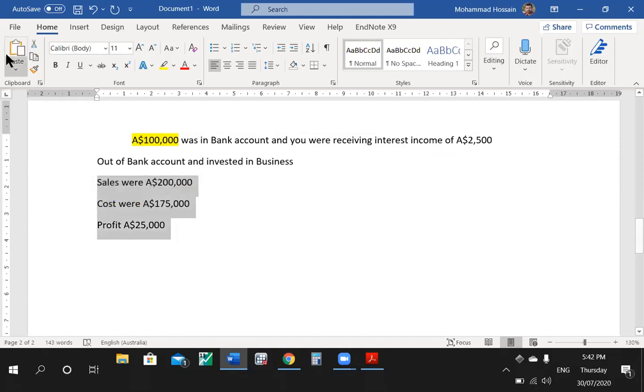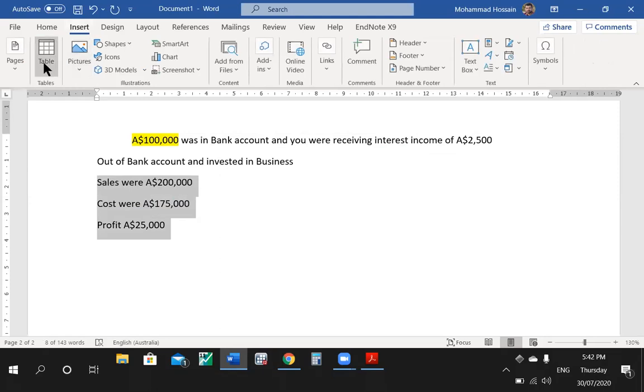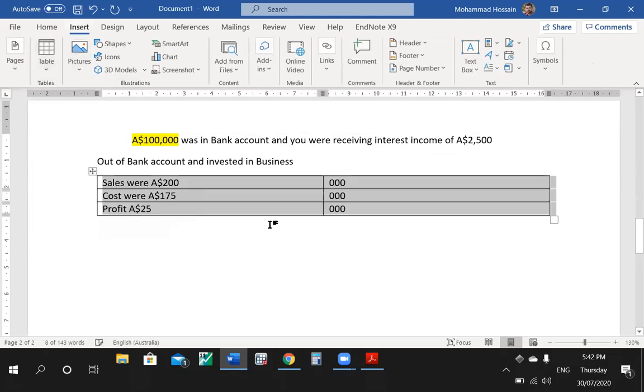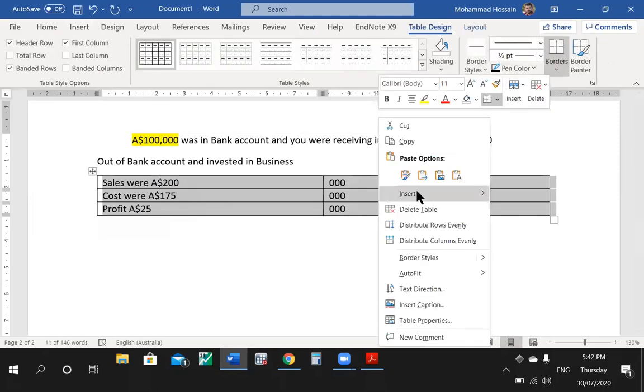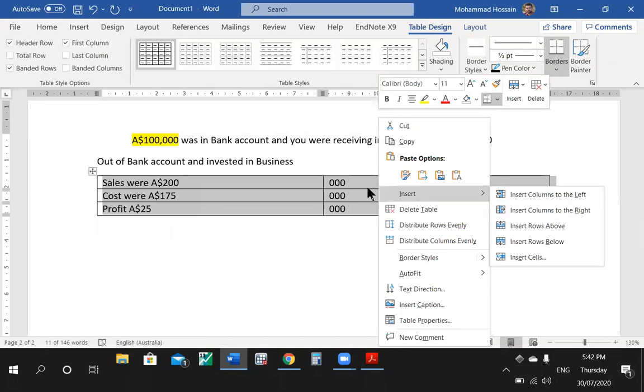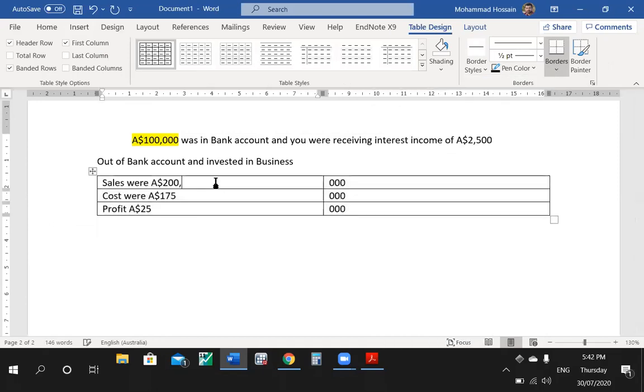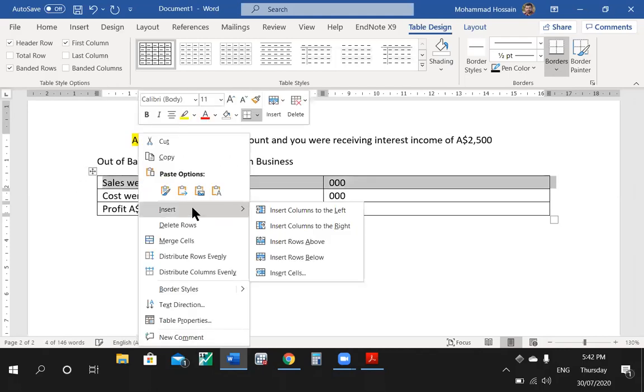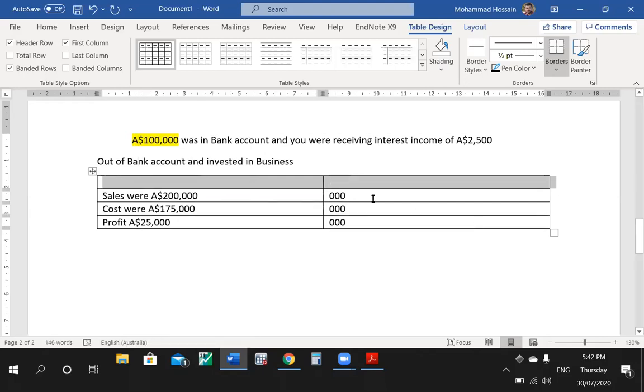I would like to put them in a table so you guys can see it in a better way. So this is actually your accounting profit. Now I'll show you here economic profit.